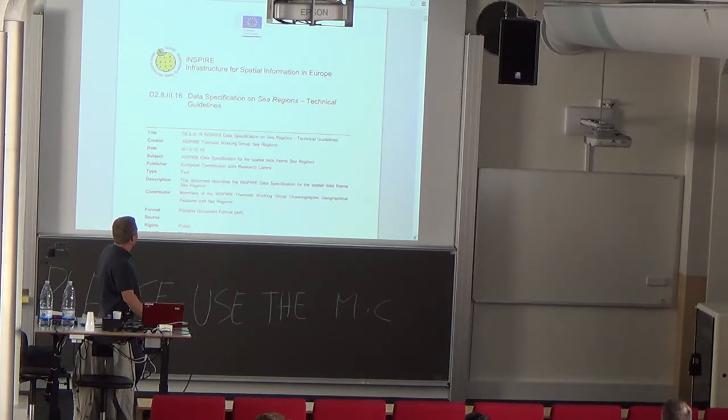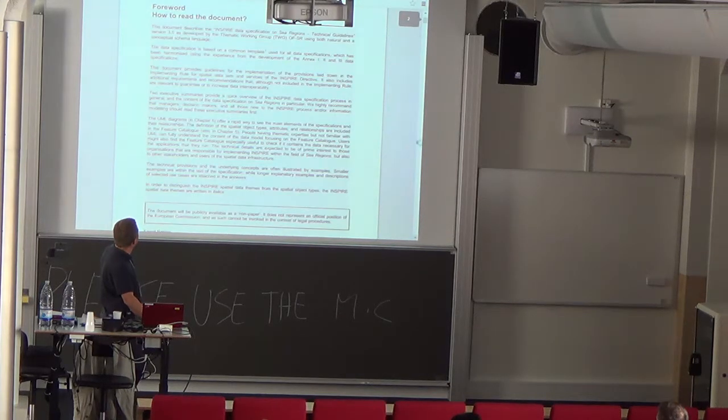Okay, I choose this C regions data specification or technical guidelines. So we can go a little bit more into the details. We are still waiting for this to show up. It goes, okay.